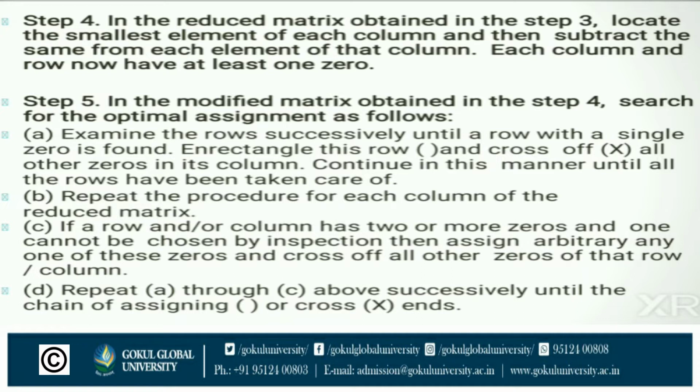Third, if a row or column has two or more zeros, then we cannot choose a particular one at once; assign an arbitrary one zero and cross out the others. Then repeat steps 1 and 2 above successively until the chain of assigning or crossing out ends.